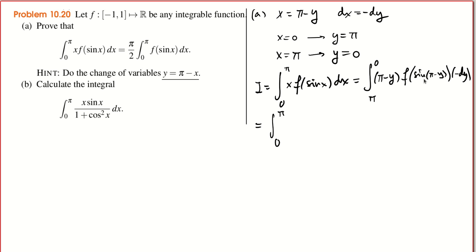Now, the sine of the supplementary angle is just the sine of y. Remember, if you have a circle like this, and you have any angle y here, the supplementary angle is this one here, which, if I had drawn it properly, is the angle pi minus y, and has exactly the same sine as this one.